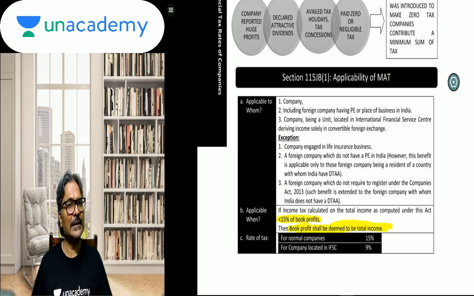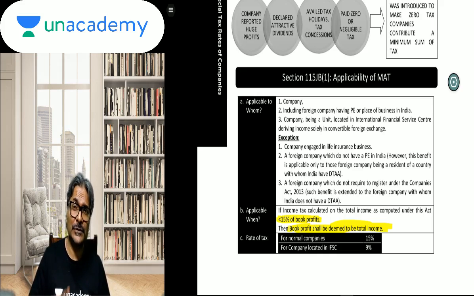So unless and until the office or establishment is situated in India, that company is not required to maintain any books. The foreign company is not required to prepare or maintain its books in India.